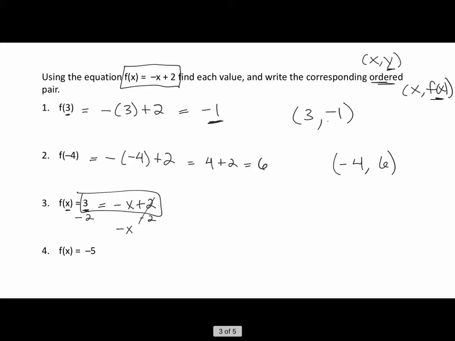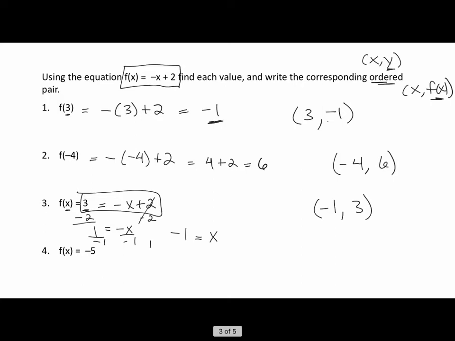Then I have negative x on the right side, and 3 minus 2 is 1. So then I just need to get rid of that negative sign in order to have just x on the right side. And that's going to be a negative 1 when I divide. So this tells me that the input, which I had to find here, is negative 1, when the output, which was given, is 3.